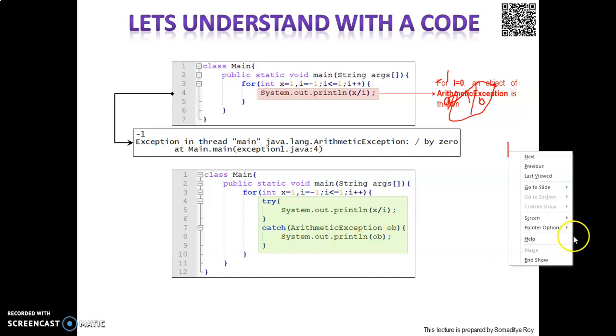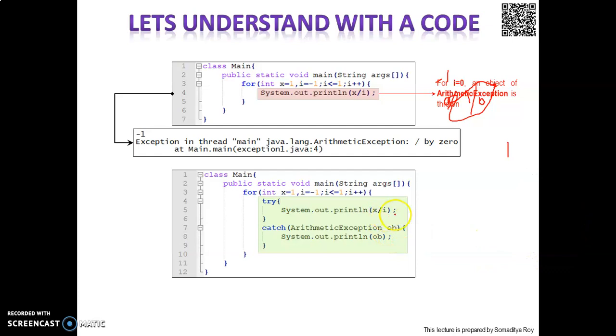So what actually happens here? Whenever there is an exception, which is for i equal to 0, the system will throw an ArithmeticException object, and the catch block is now able to catch that object and handle it.